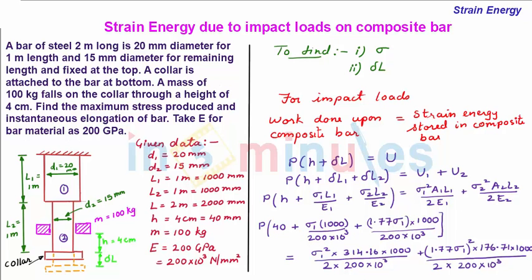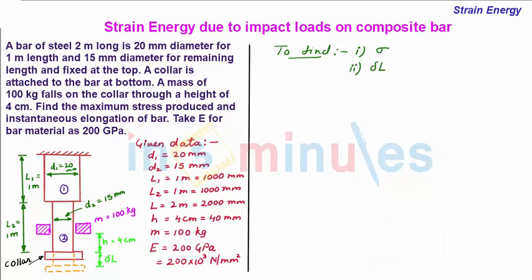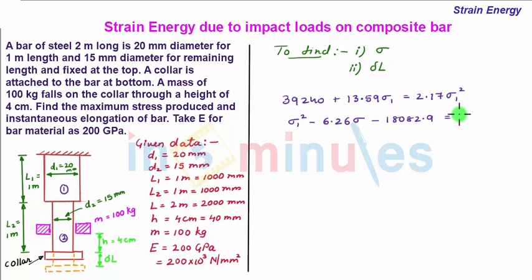So upon simplifying this equation, we get 39240 plus 13.59 sigma 1 is equal to 2.17 sigma 1 square. So upon rearranging, we get sigma 1 square minus 6.26 sigma 1 minus 18082.9 equal to 0.